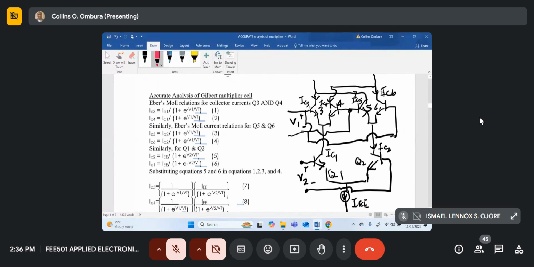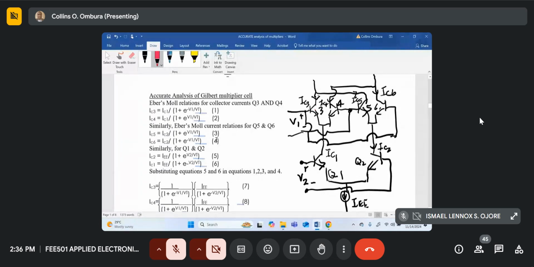And IC6, this one, is equal to IEE, but our IEE is IC2, divided by 1 plus e to the minus V1 by VT, because it's similar to our Q1 in our earlier example.